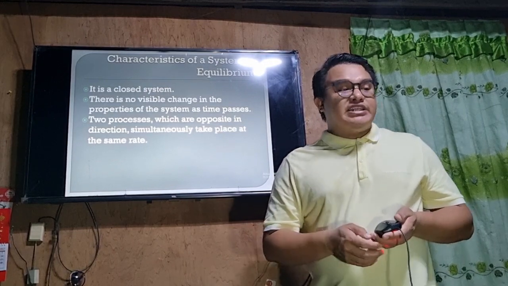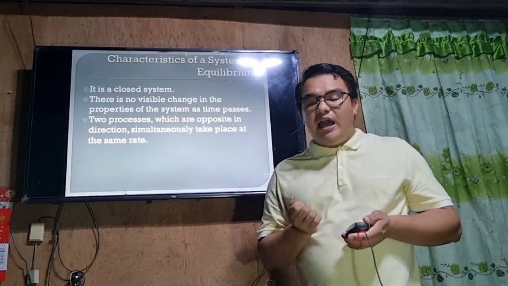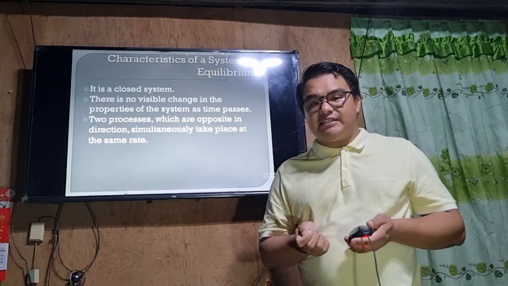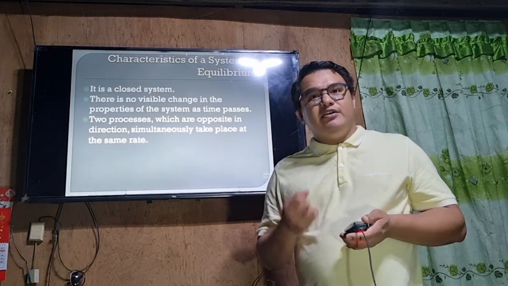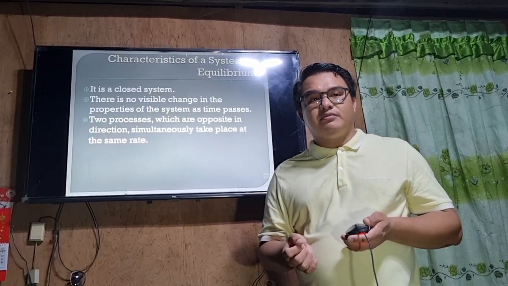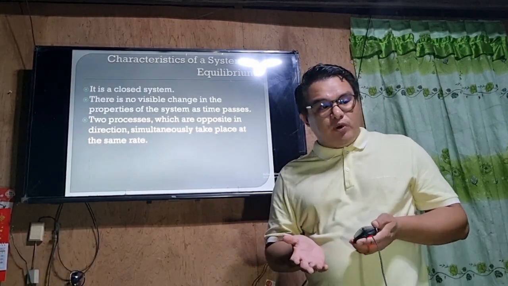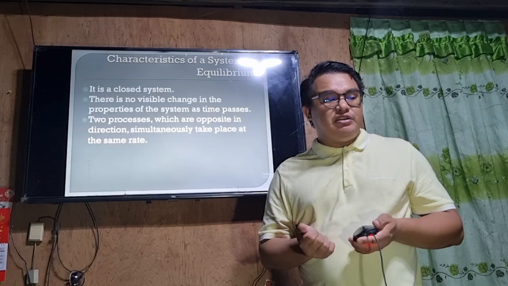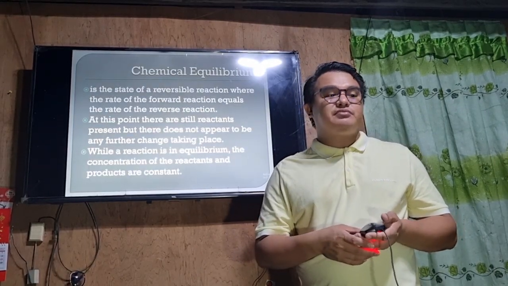Second, there is no visible change in the properties of the system as time passes, such as the concentration, the color, and the temperature. The two processes, which are opposite in direction, simultaneously take place at the same rate.